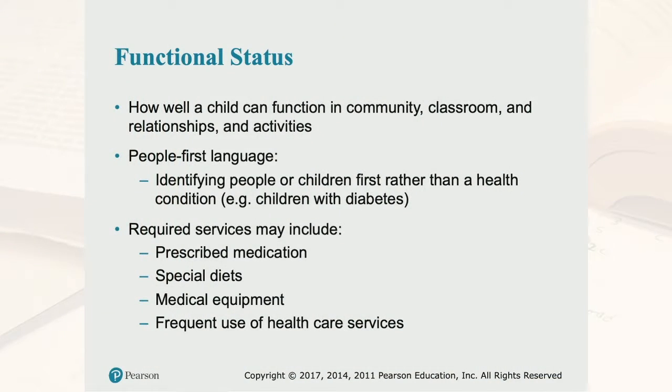What is meant by functional status is basically how well a child is able to function in the classroom in relationship with moving around and with the activities provided. And so things might need to be modified. They might need special equipment for us to be able to best care for them.